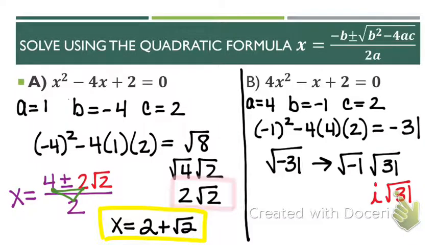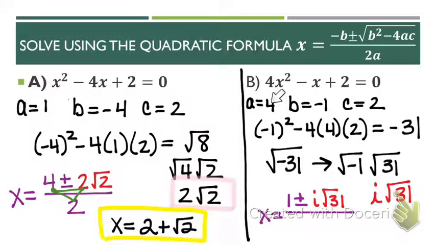So your solution is x equals the opposite of b. So b is negative. So when I use it in my formula, it's going to become positive. So it's 1 plus or minus, and then you have i root 31, and that's all over 2 times a.